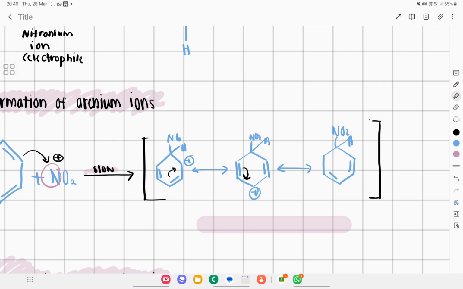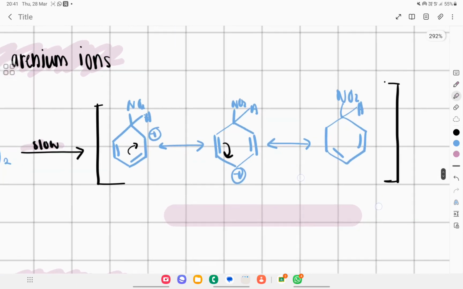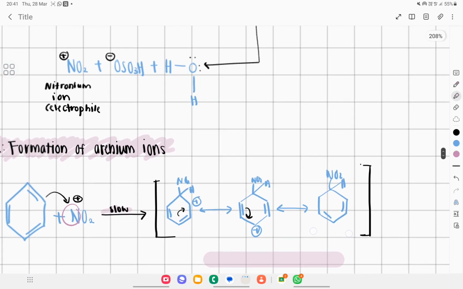The arenium ion is a resonance-stabilized carbocation intermediate. The positive charge is delocalized over the aromatic ring through resonance, resulting in multiple resonance structures.